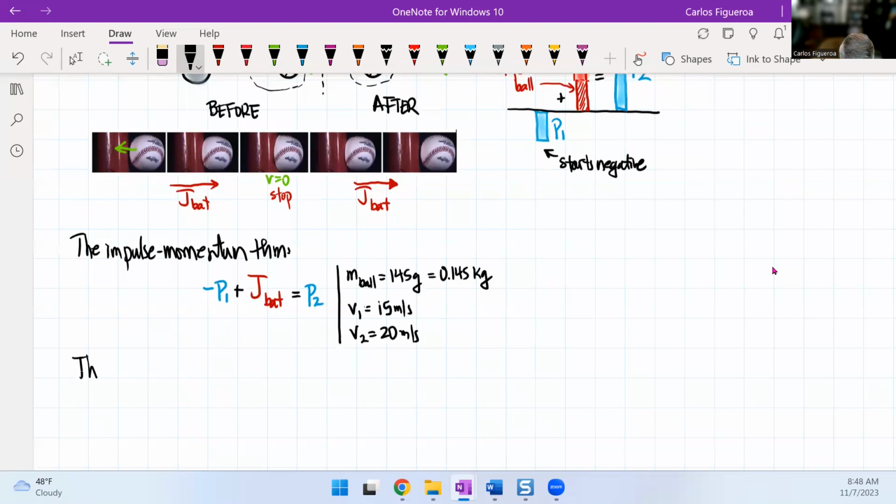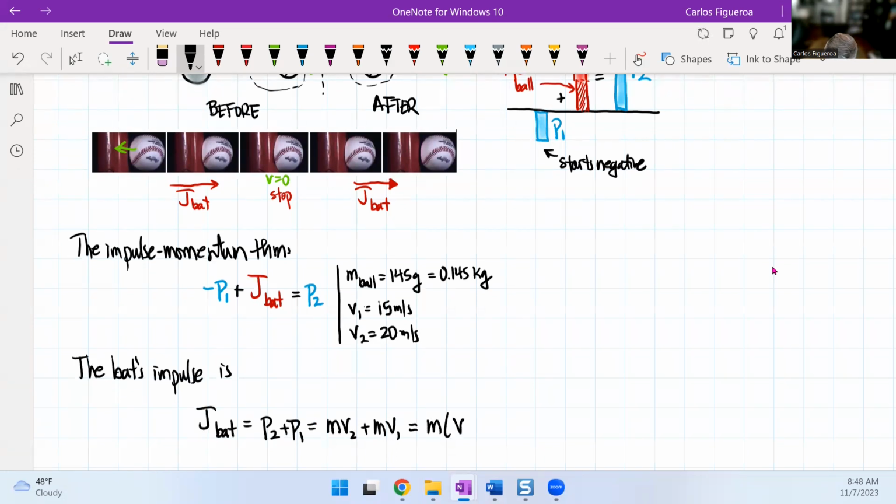So now the bat's impulse is going to be what? I'm going to have J bat, and that's going to equal, look what happens to P1. It now becomes positive. So this becomes P2 plus P1, and this will be the mass times the velocity in each of these situations. Note that the mass is the same. So then this will be mass times V2 plus V1. Now I'm just going to put in my numbers here.